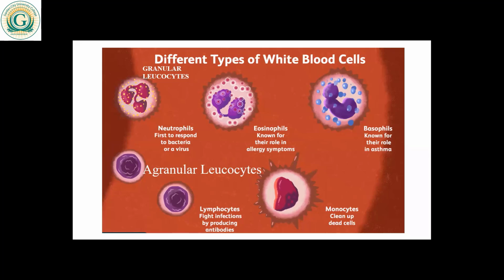For example, if there are some substances that come in contact with the skin, and there is an allergic reaction, it is the eosinophils that will come, that will alert the body that there is something unpleasant to the body.